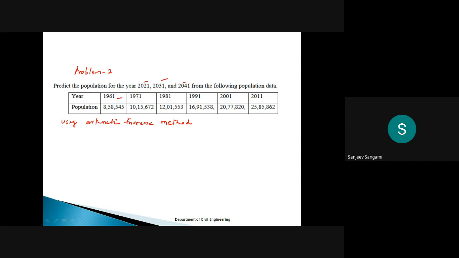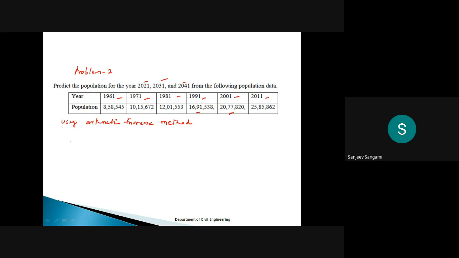He has given the population in 1961, that is 8,58,545. In 1971, it is 10,15,672. In 1981, it is 12,01,553. Then in 1991, it is 16,91,538. In 2001, he has given 20,77,820. Then in 2011, he has given 25,85,862.